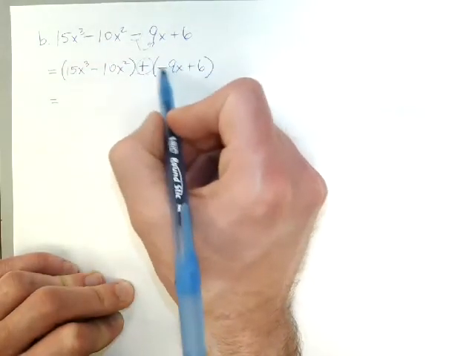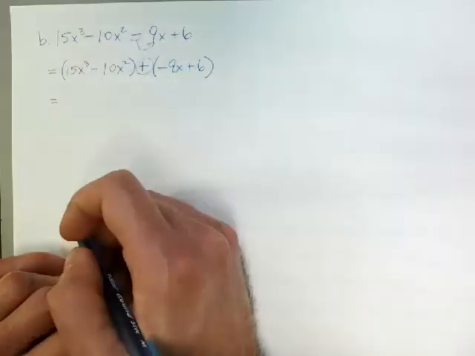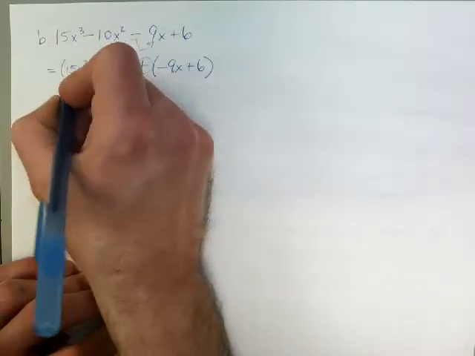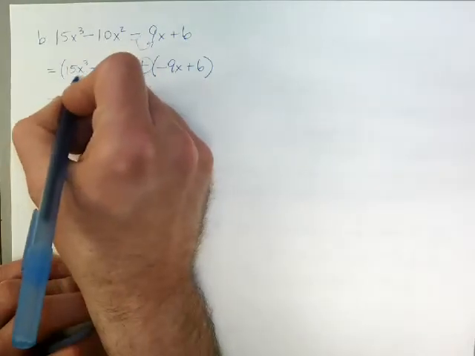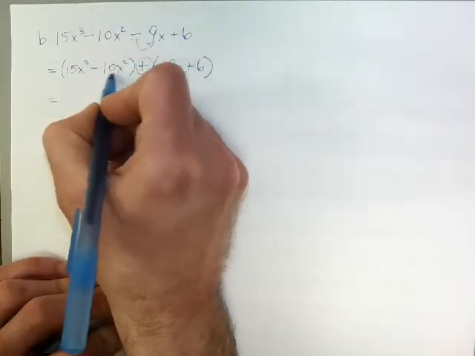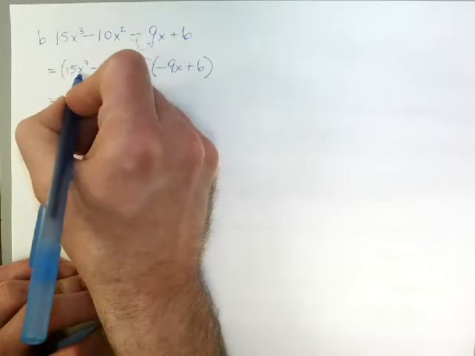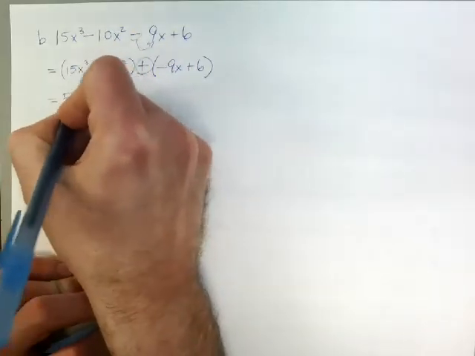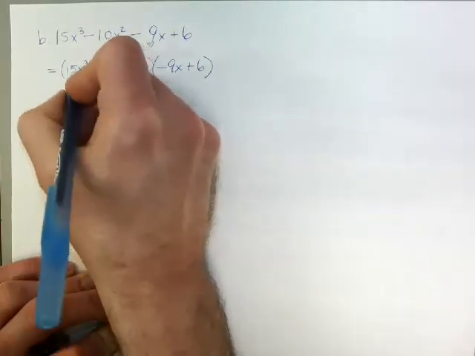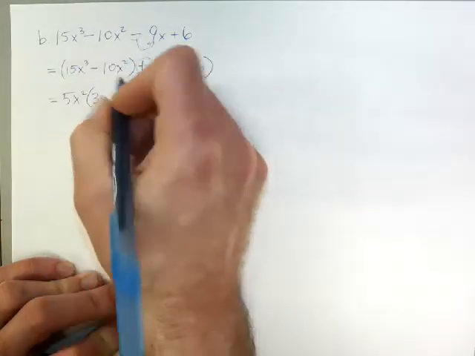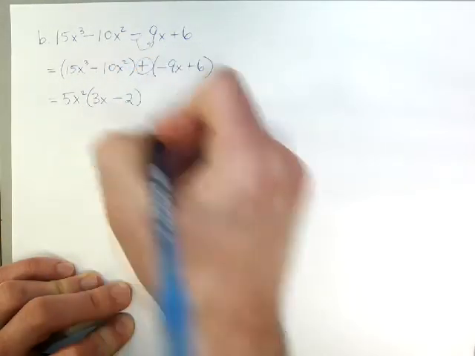Otherwise, you can really mess up your sign and it'll change the whole result. Okay, so the GCF of 15x cubed minus 10x squared, that would be a 5x squared. That leaves 3x minus 2.